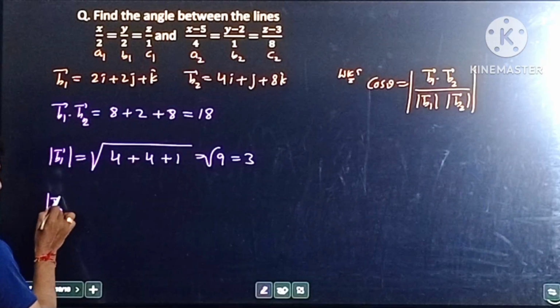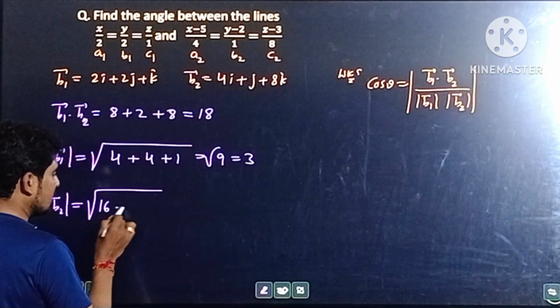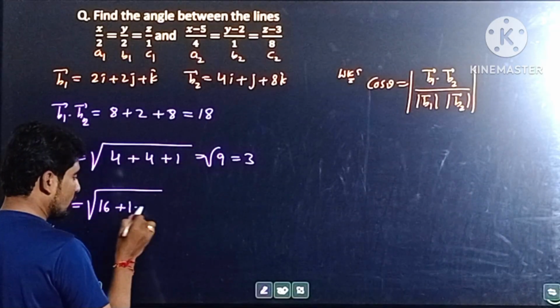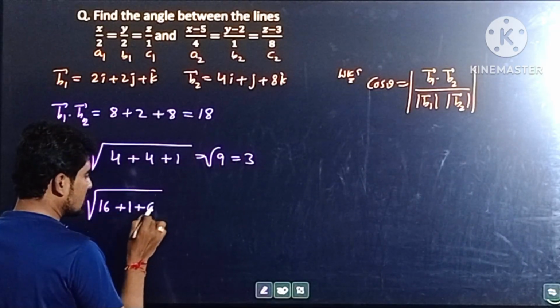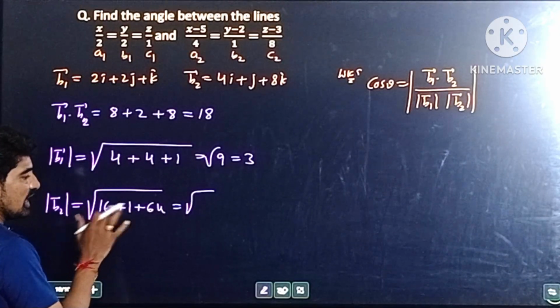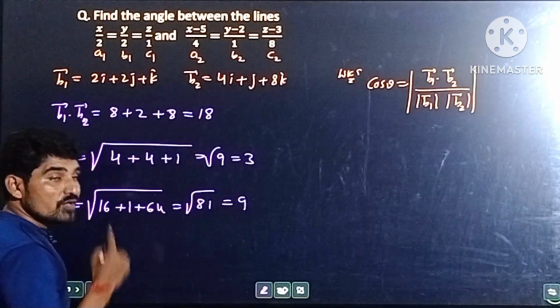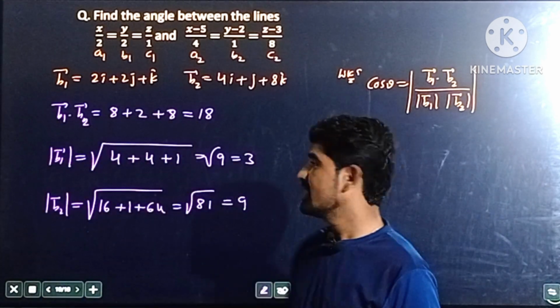Similarly, the magnitude of B2 vector is equal to the square root of 4 square 16 plus 1 square 1 plus 8 square is 64, which is equal to the square root of 64 plus 16 is 80, 80 plus 1 is 81, which is equal to 9. Now use these three values in the formula.